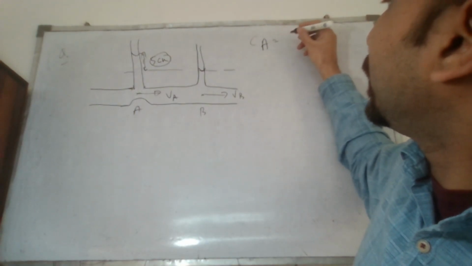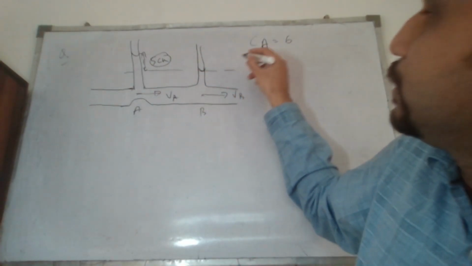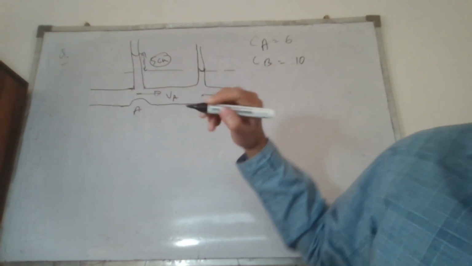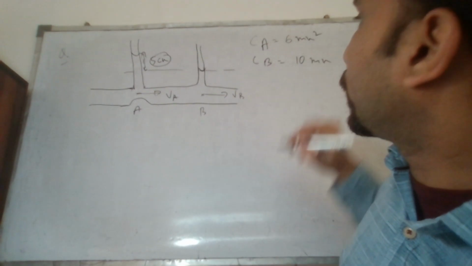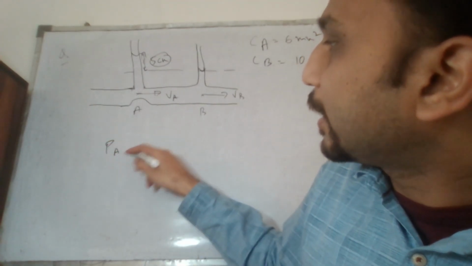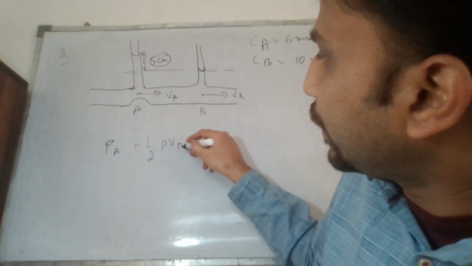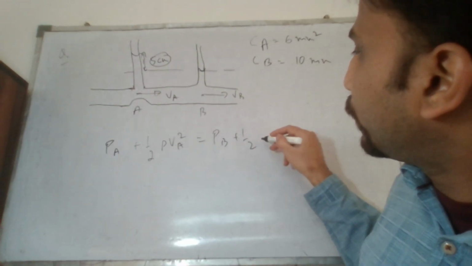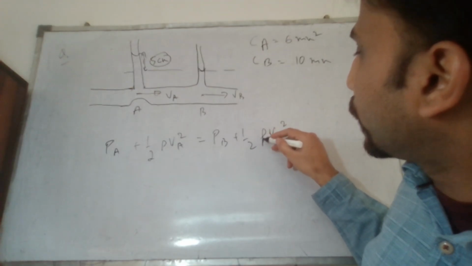Cross section area at A is 6, and cross section area at B is 10, in mm square. So the equation would be pressure at A plus half rho VA square would be pressure at B plus half rho VB square.